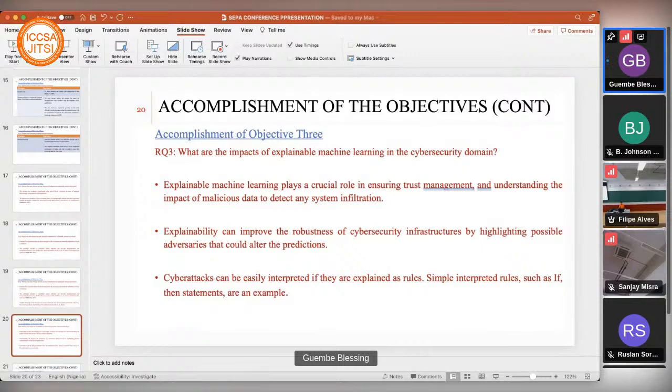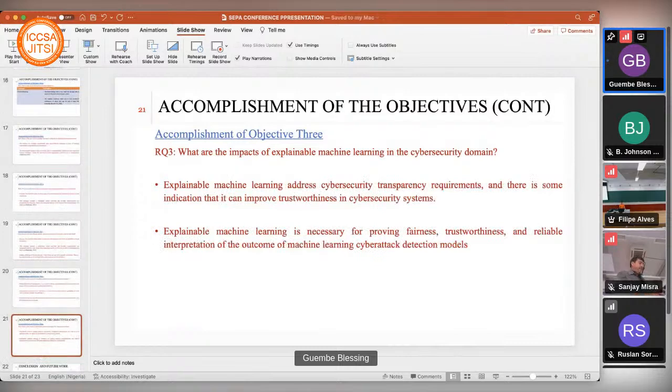Explainable machine learning plays a crucial role in ensuring trust management and understanding the impact of malicious data to detect any system infiltration. Explainable machine learning can also improve the robustness of cybersecurity infrastructures by highlighting possible adversaries that could alter the prediction. Cyber attacks can be easily interpreted if they are explained as rules, and simple interpretable rules such as if-then statements are examples.